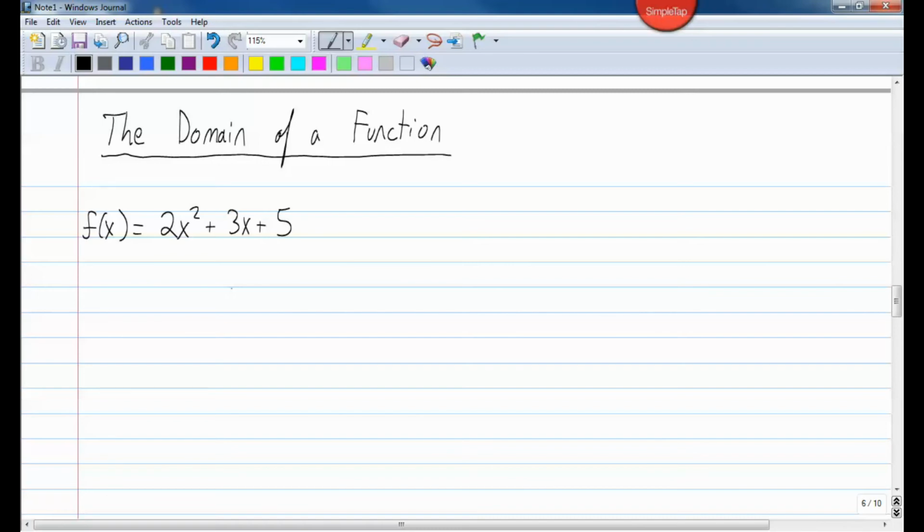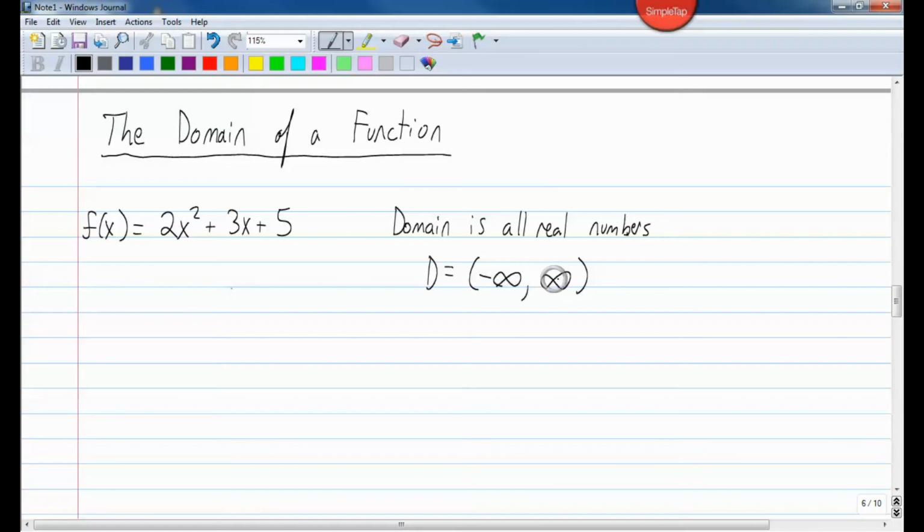Now, as long as you don't have a denominator, you don't have a square root, then your domain is all real numbers. The way that you write that in interval notation is parentheses, negative infinity, comma, infinity, parentheses.